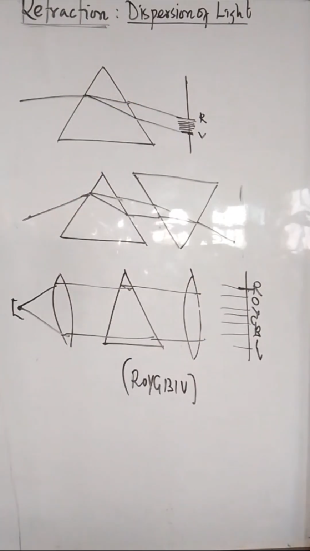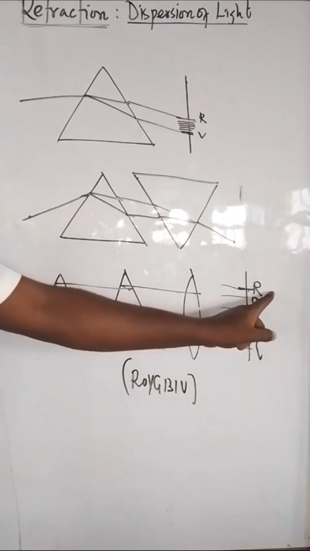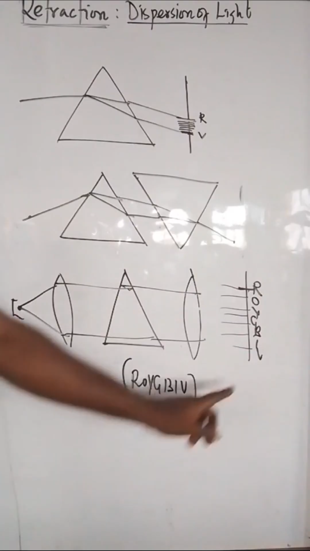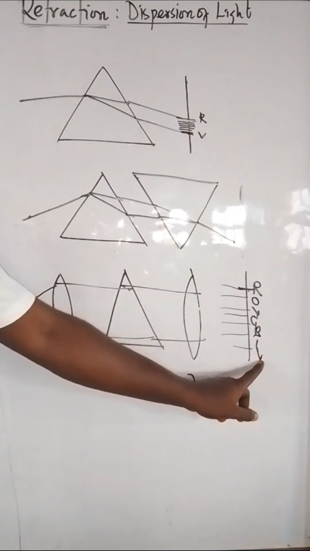So the process where white light splits into its components is called dispersion of light. And the main point to note is that it is due to the fact that the colors of the spectrum move at different speeds. Red light has the highest speed, while violet has the least speed.